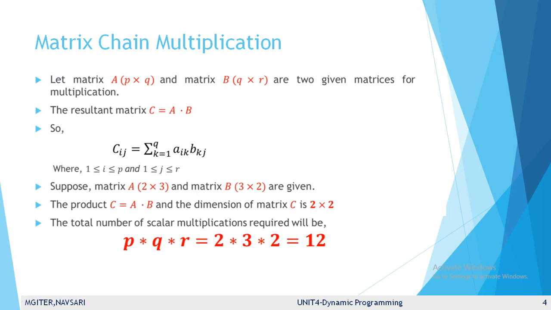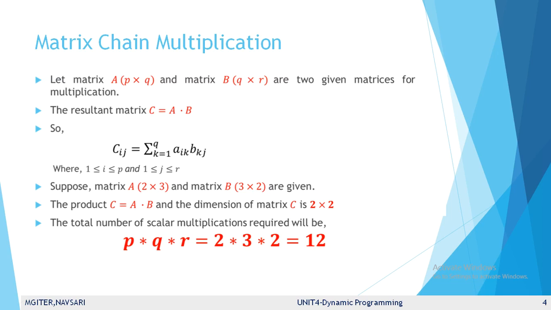To multiply A cross B here is possible because the dimension of matrix A is 2 cross 3 and the dimension of matrix B is 3 cross 2. The number of columns in matrix A is 3 and the number of rows in matrix B is 3, so multiplication is possible, but the reverse multiplication is not always possible.